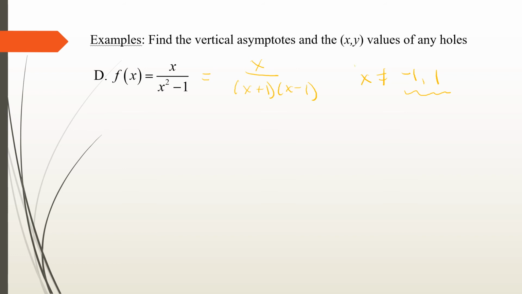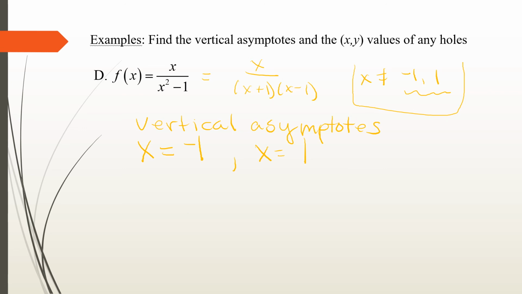So if these are my exceptions, then at x equals -1 and at x equals 1, these are my vertical asymptotes. And when we get to drawing these, they will be dashed vertical lines on the graph.